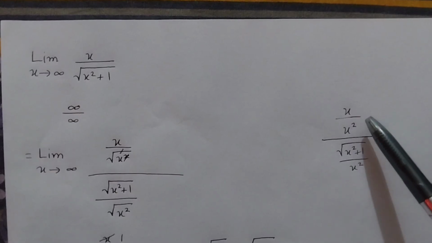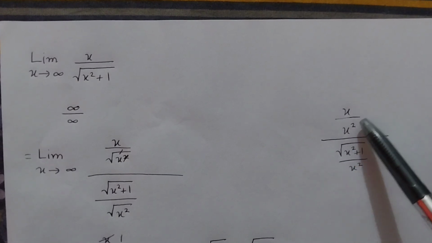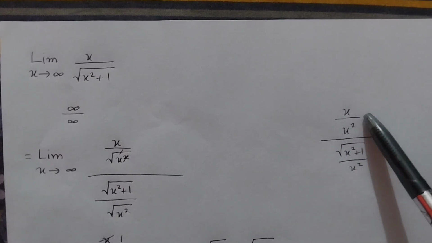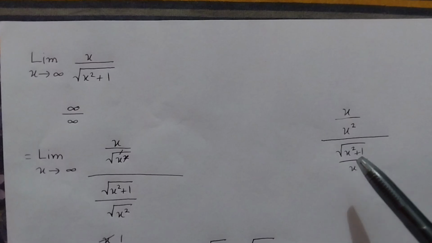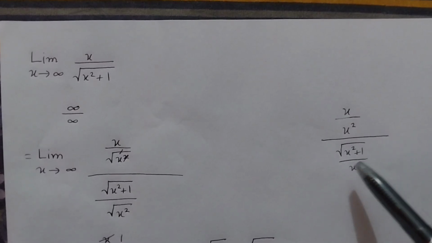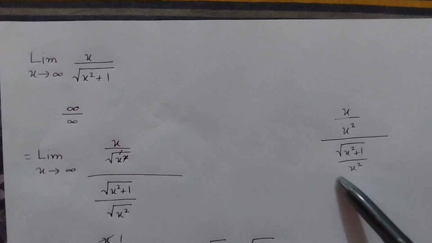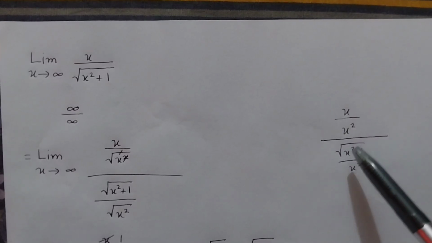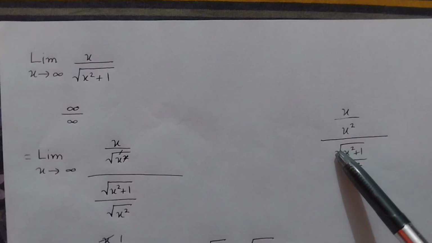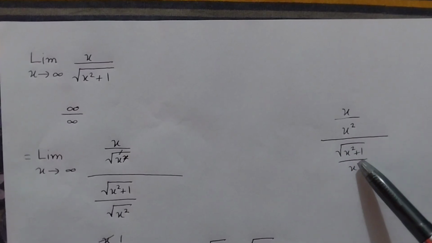We get some cancellation in the numerator, but in the denominator the problem lies with this square root, because you can't write this as x squared over x squared plus 1 over x squared. You can't write it that way because there is a square root over x squared plus 1. So this square root is basically the problem.